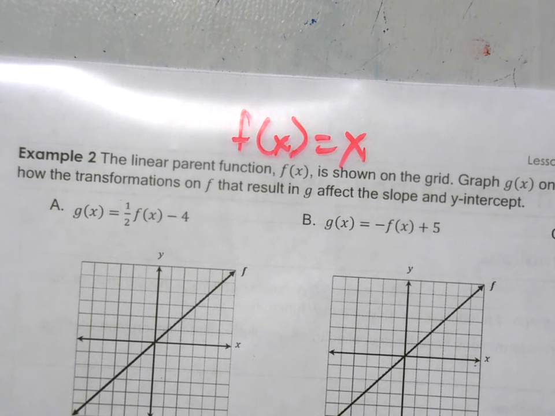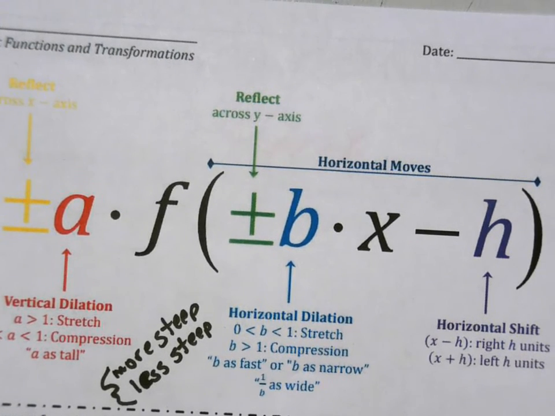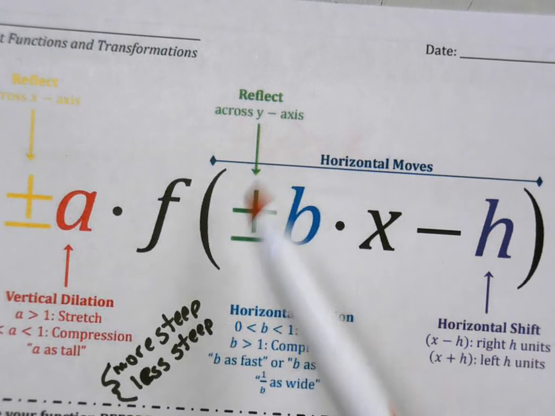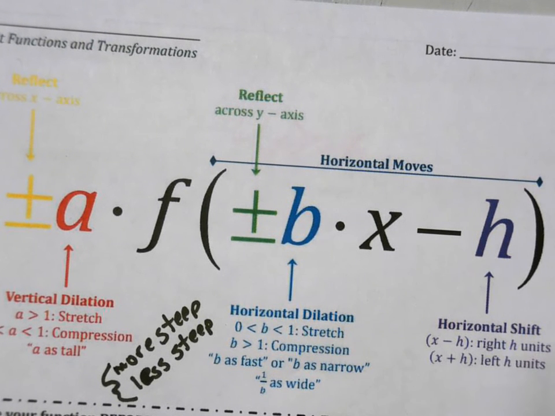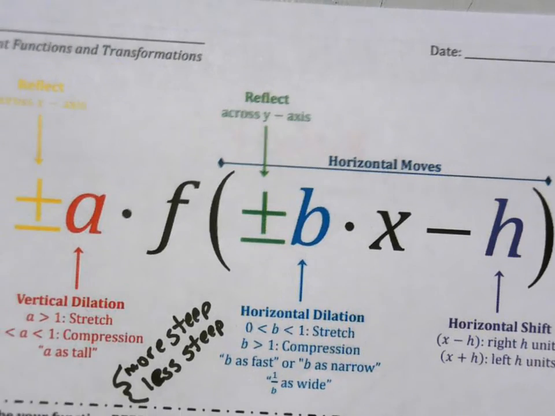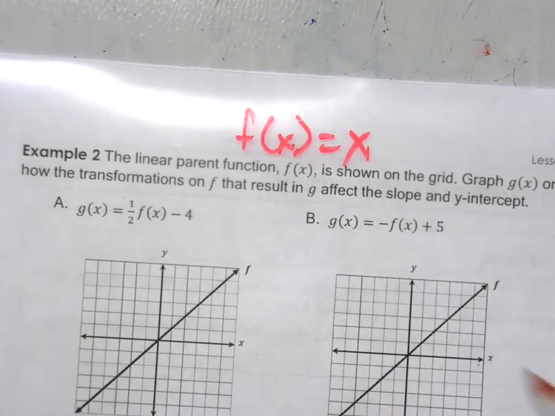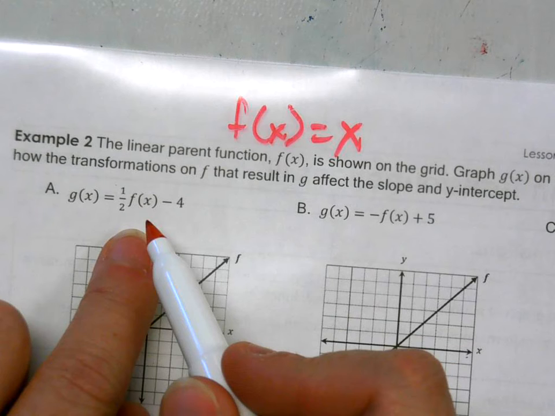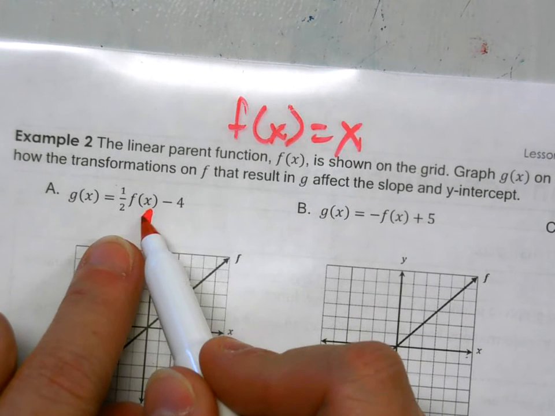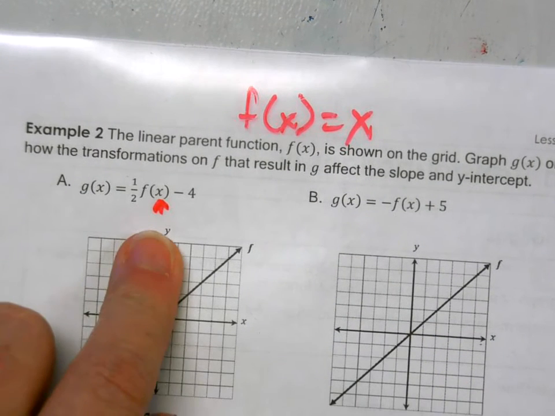In this handout that I gave you, anything that's horizontal changes inside the parentheses. If there's no changes inside the parentheses, that actually makes the problem easier for you. Because I can look at this and say, okay, did I have any changes that happen inside my parentheses?